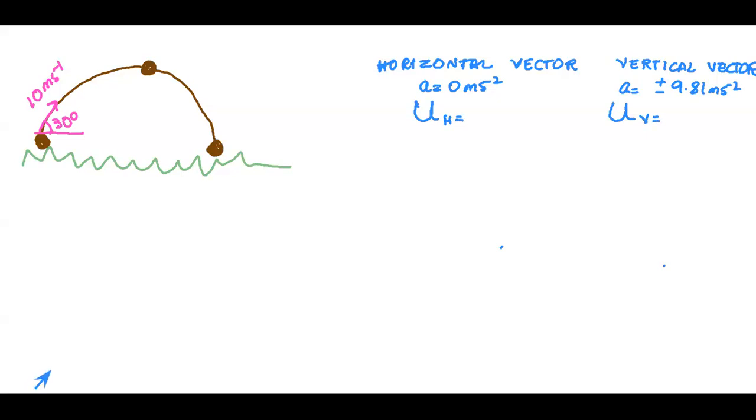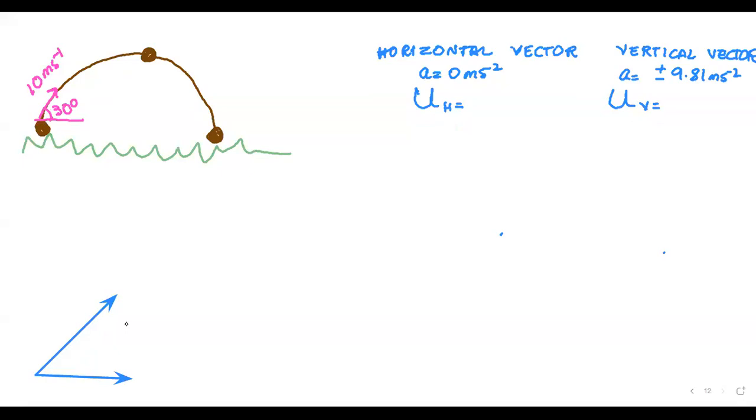My ball is traveling at 10 meters per second. I will make a horizontal component and I will make a vertical component. Sorry guys.